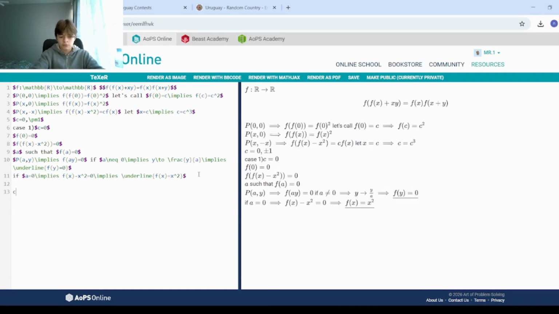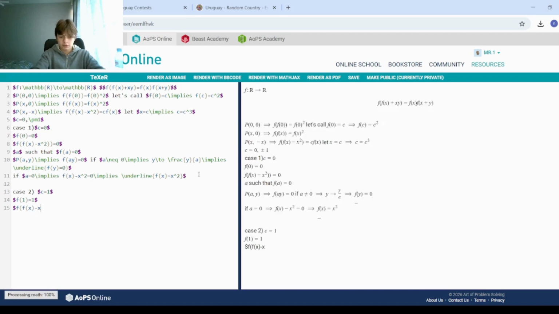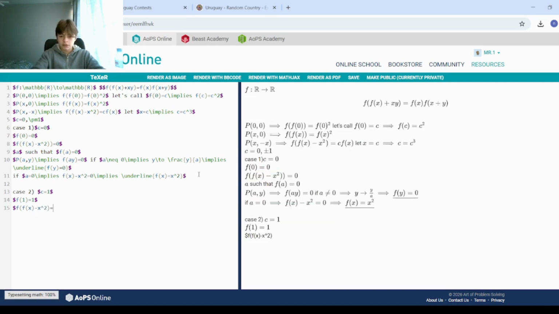Now case 2 is c equal to 1. Okay, if c is equal to 1, we have f(1) is equal to 1 simply, and we know that f(x) minus x squared is equal to f(x).